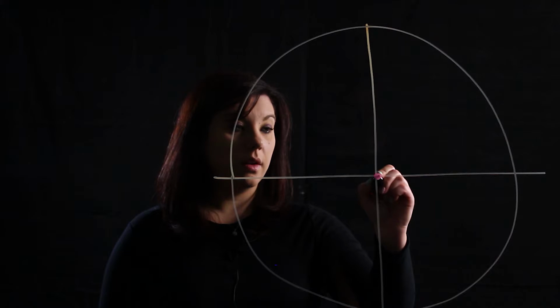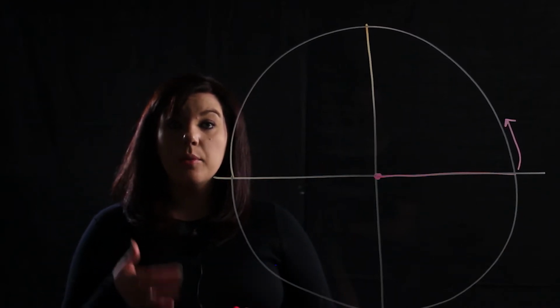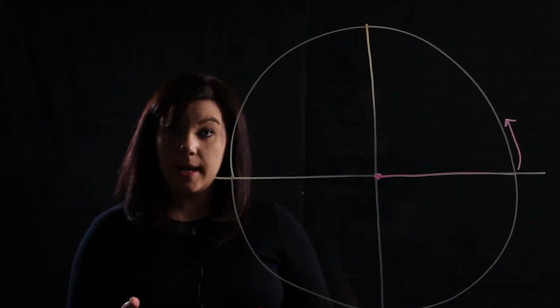Remember that when we measure angles on the unit circle, we always start from the positive x-axis here, and we move in a counterclockwise direction, this way. It's often helpful if we can label a few of our important special angles that we use all of the time.